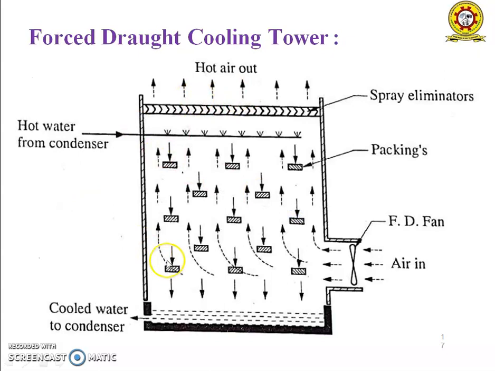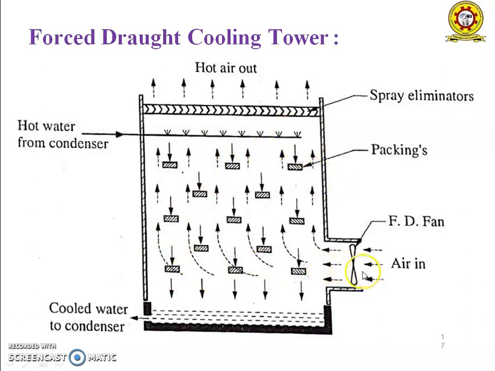This is the forced draught cooling tower. Forced means that in natural draught, air circulates naturally with its density. In forced draught, we use an external source, that is, a fan. So this is the forced draught fan. And here the packings are there, the hot water is coming from the condenser, and the water sprays here.